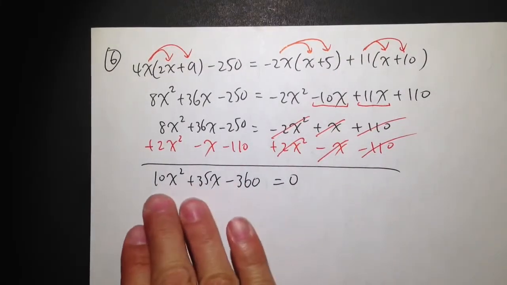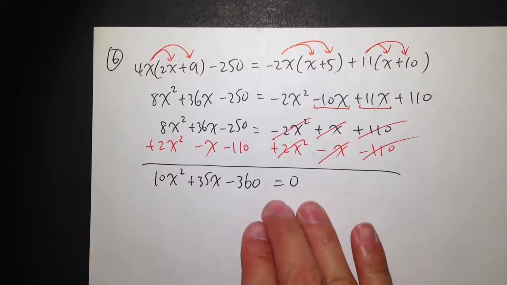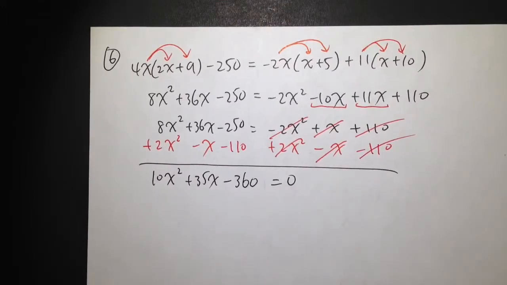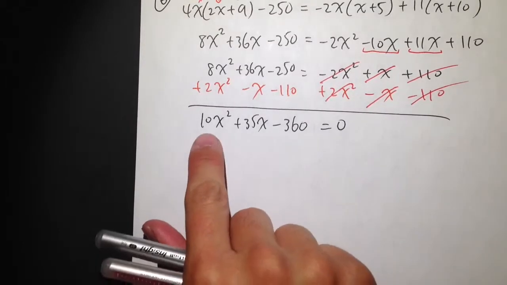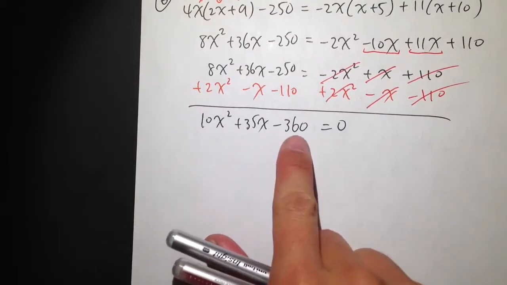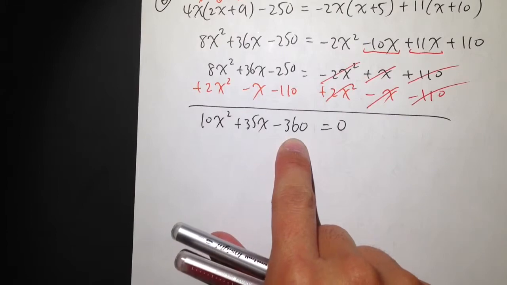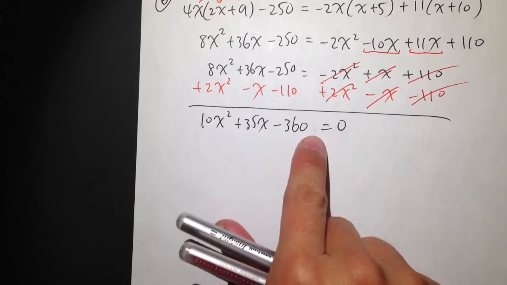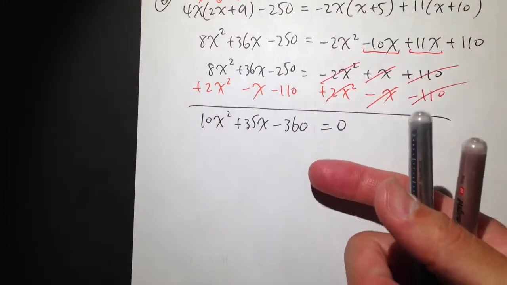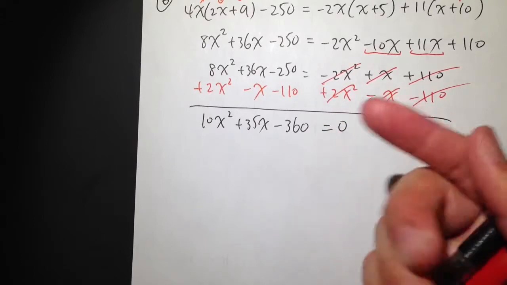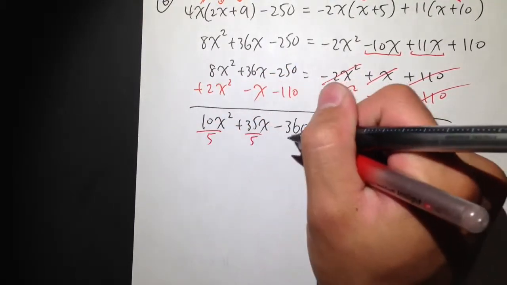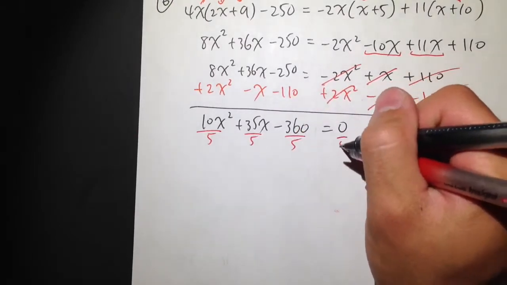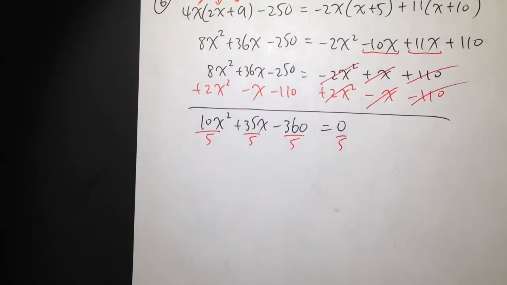So we did it. We have the equation in standard form equals to 0. Okay? But then, let's observe. We have 10 right here, 35 right here, and 360 right here. They are all divisible by 5. To make this question easier for us in terms of the factoring, let's divide everything by 5, including the 0, even though it doesn't matter.